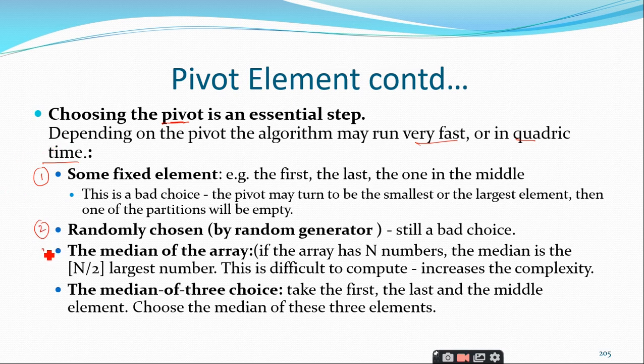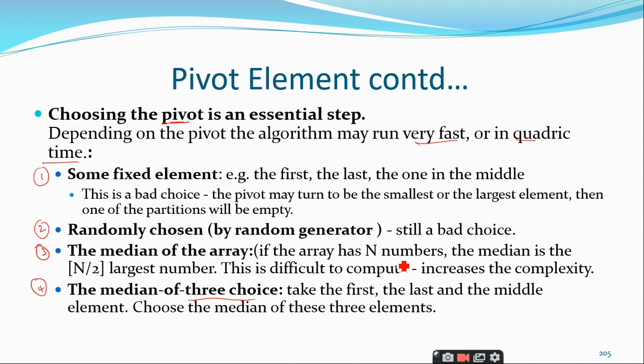And the third strategy is a very important one, the median of the array, but this takes a very large time. Before discussing the median of the array, let us discuss the median of 3 choice. So, how do you calculate the median of 3 numbers?